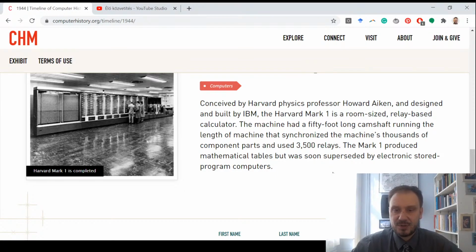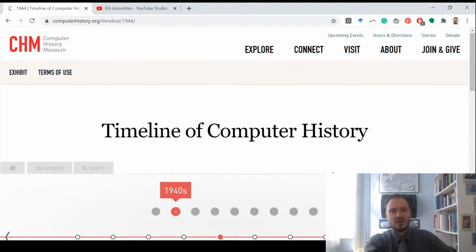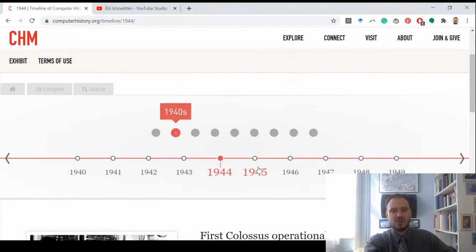It produced mathematical tables, and soon it was superseded by electronic stored program computers. But at the time, it was one of the most advanced machines. The weight of a computer at that time was around 30 tons, which is a huge number.